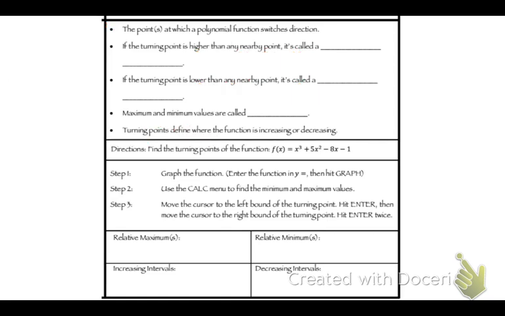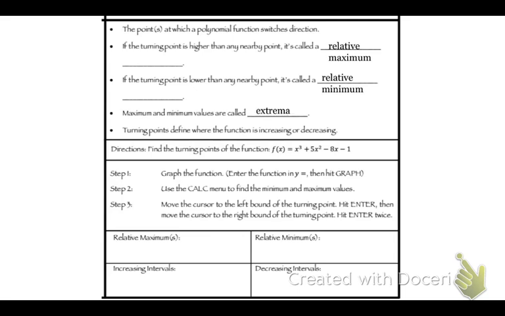Now, max and mins, relative max, relative min. Relative just means it's not the very highest. I'll go over that more in class. So maximum and minimum values are called extrema.